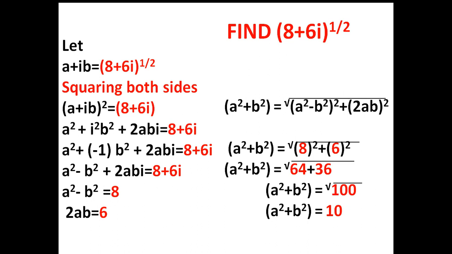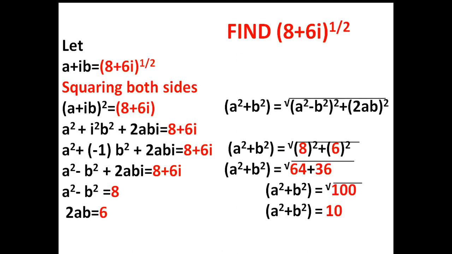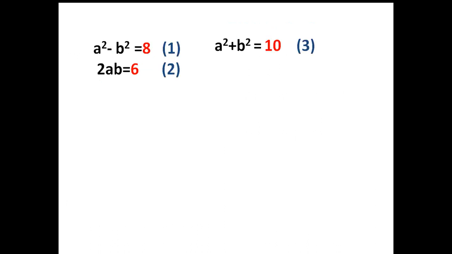So we have got three equations, and a square plus b square equals 10. Now add the first and third equations. The b square terms cancel, so we get 2a square equal to 18.